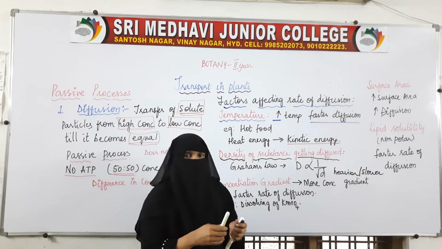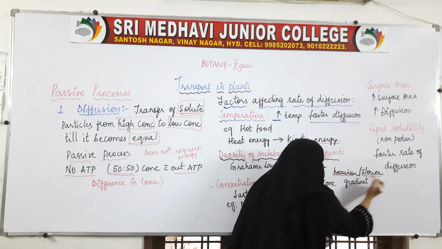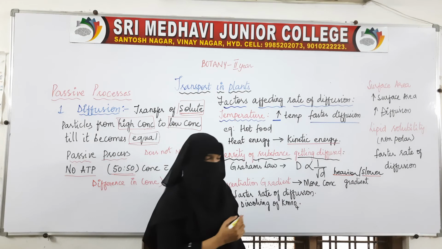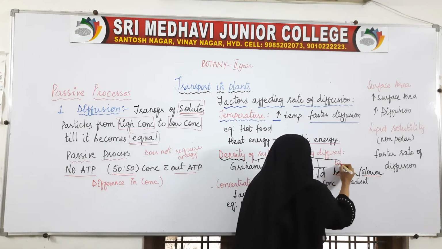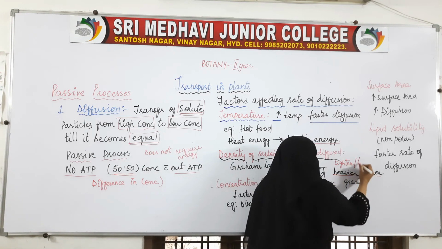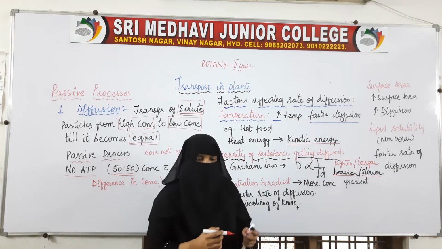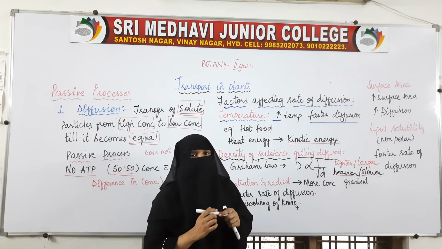If the particle which is getting diffused is heavier, then the rate of diffusion will be slower. If the particle is lighter in weight, if the density is less, then it will travel to a larger distance.